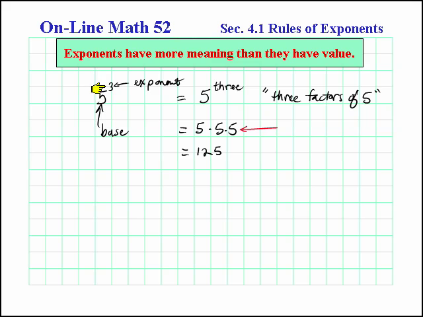That's why I don't want you to think of that 3 as the value 3, but look at the meaning of the exponent: 3 factors of 5, 5 times 5 times 5. That's how we'll be working with our rules of exponents today, based on the idea that exponents have more meaning than they have value.